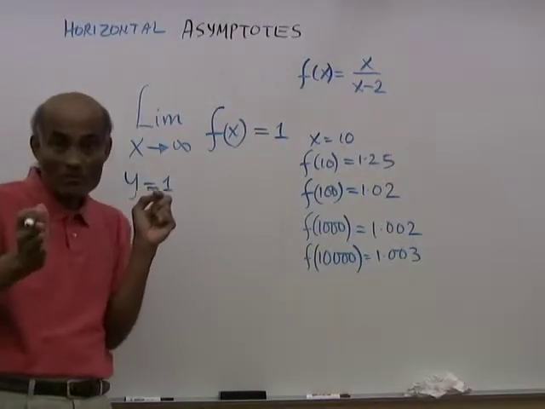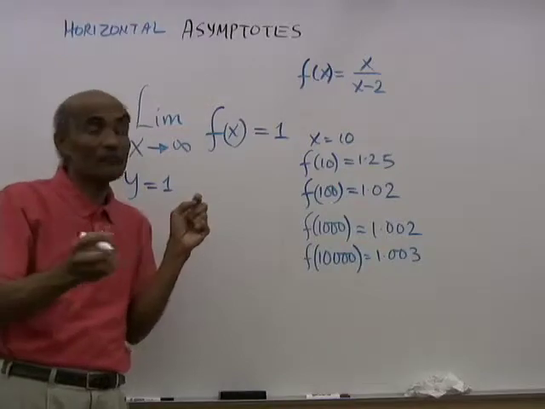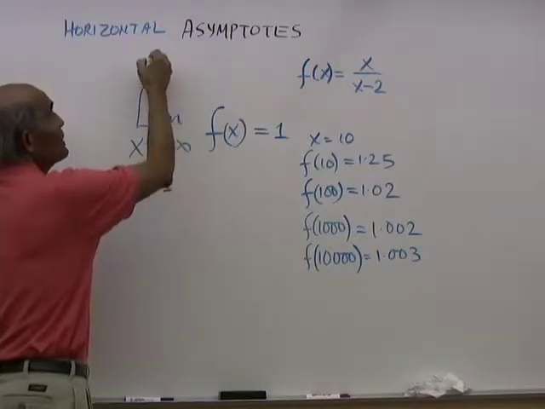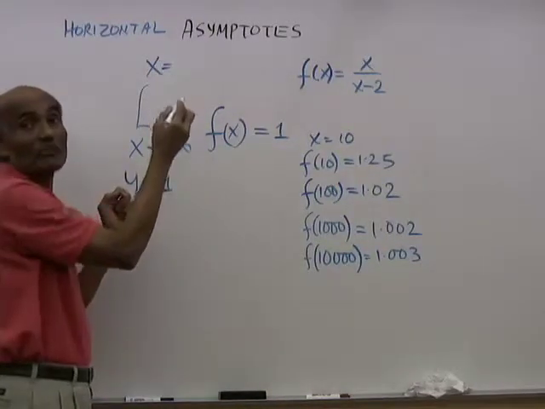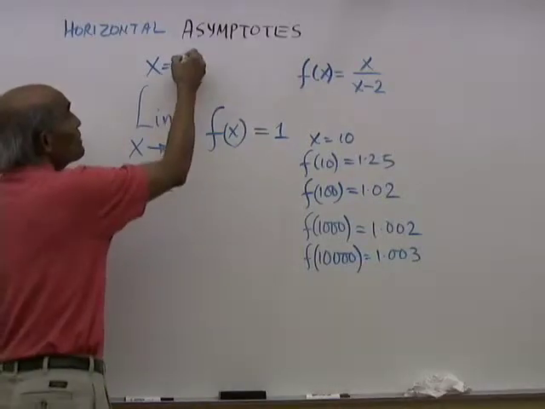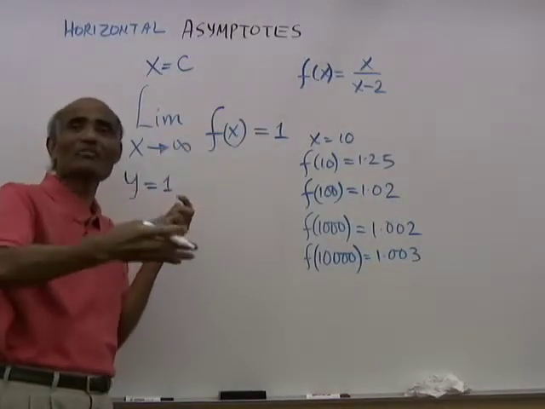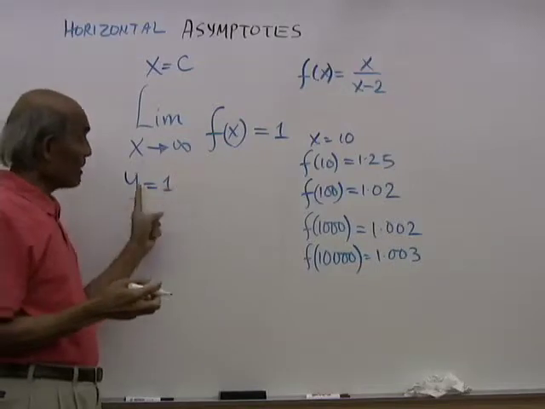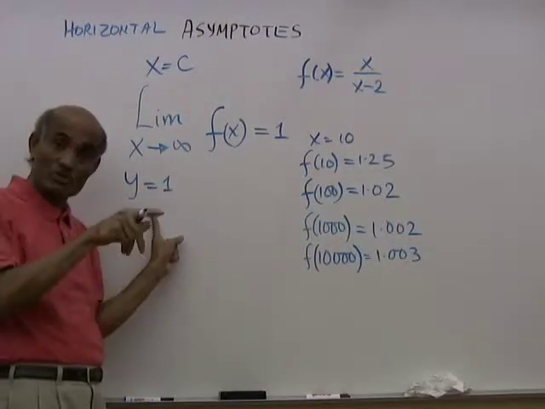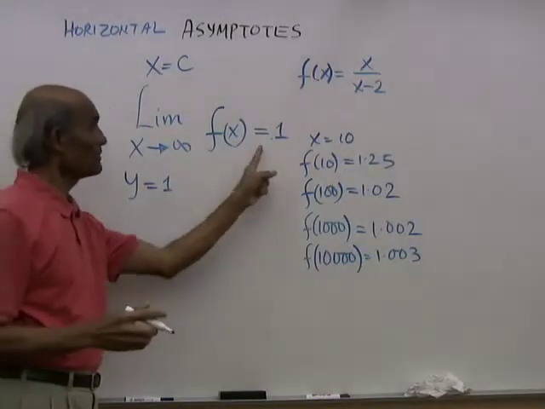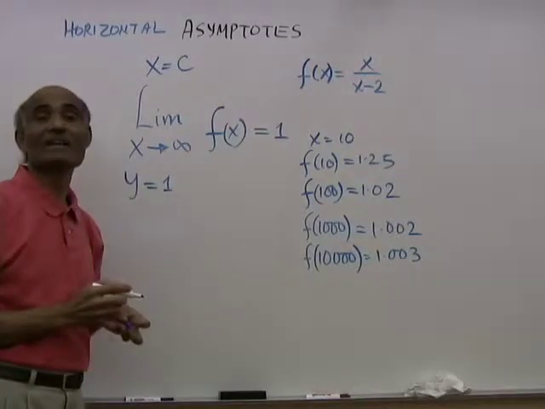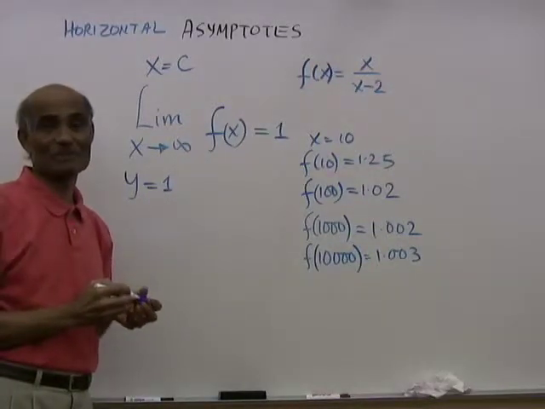A vertical asymptote is a vertical line, and a vertical line has the equation x equal to c, x equal to 1, x equal to 2, and so on. But a horizontal asymptote is y equal to. So in this case, y equal to 1 is a horizontal asymptote.